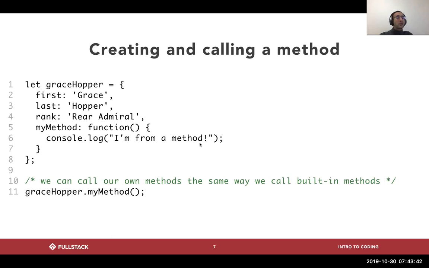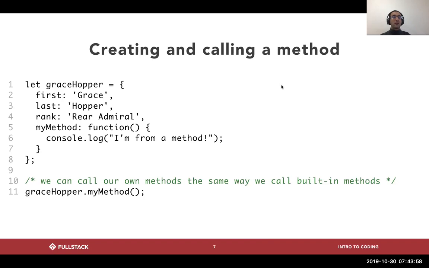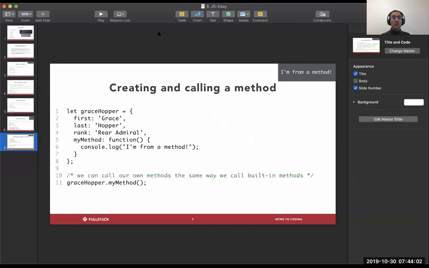And I want to point something out here as well. You see how we have the dot notation, dot my method. I'm not sure if you've talked with David yet about this notation, but there's something called dot notation, which is the same as bracket notation. I'll show an example of that in one second after I switch screens here.